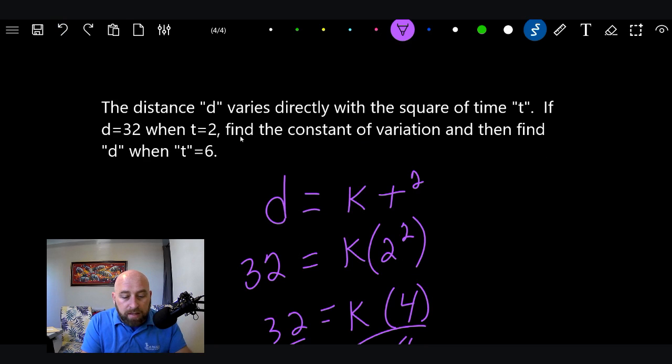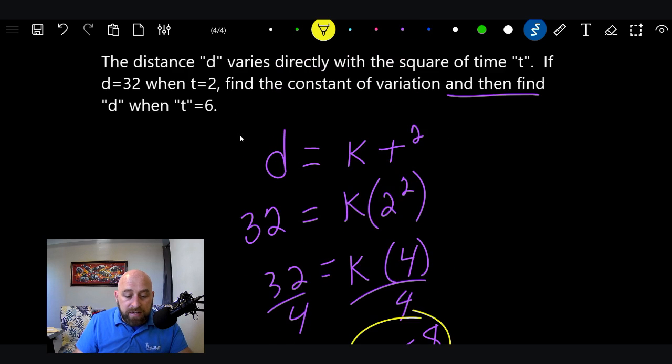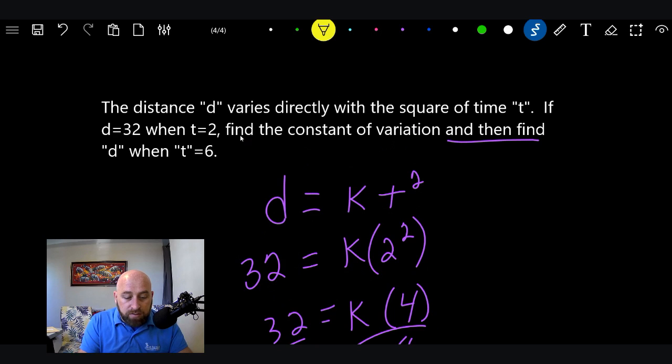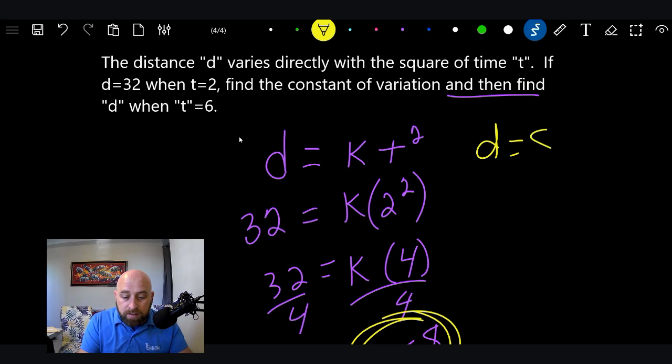Okay, we found that. And then find D when T equals 6. Okay, so now what we want to do is use our constant of variation back in the original. So now we're looking for D. So now we got D equals, and then we do have our K because we found our K. Our K was 8. So now we have 8 times 6. That's a simple equation right there.